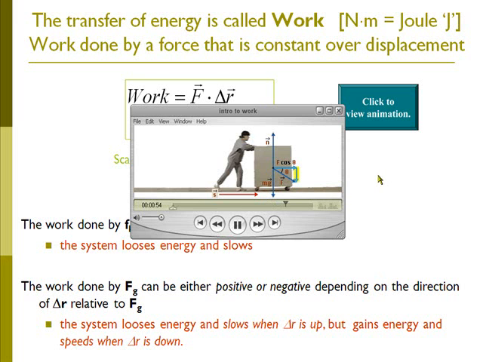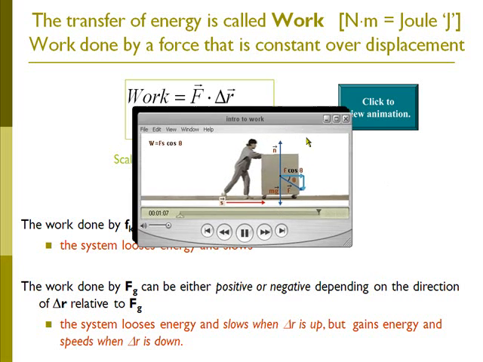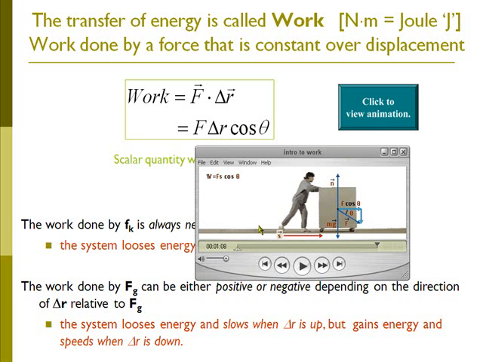Forces that are perpendicular to an object's displacement do no work on the object. The work done is the component of force along the displacement vector times the distance moved. So in other words, in this short video, S is delta R, F is the force that she applies, theta is the angle which the force that she applies makes with the horizontal, which by the way is parallel to the direction of the displacement.